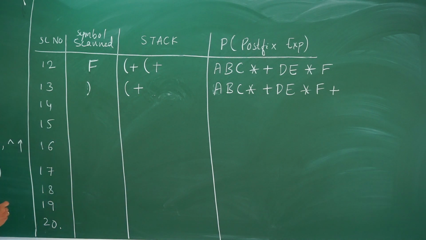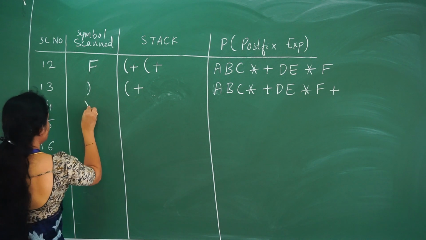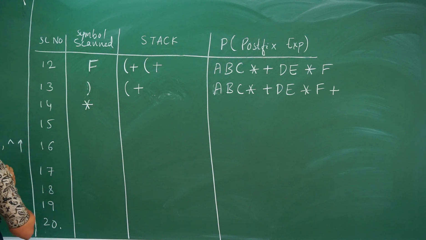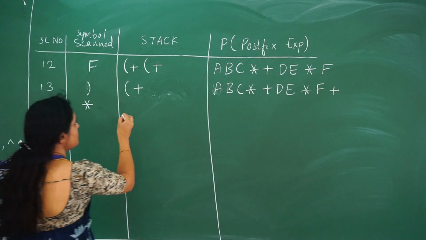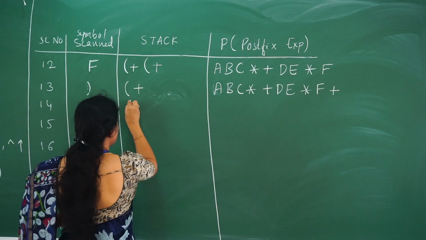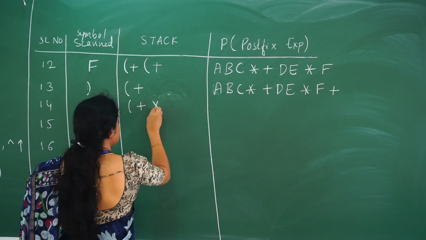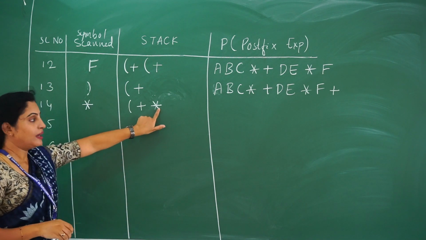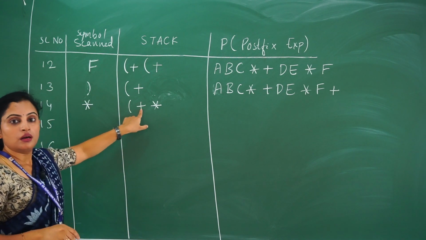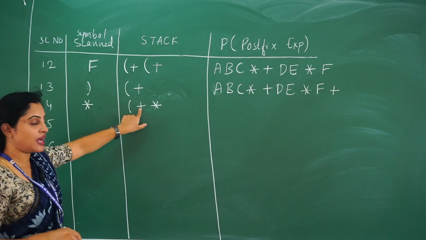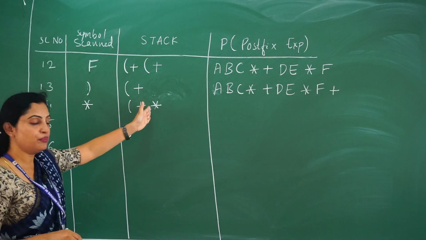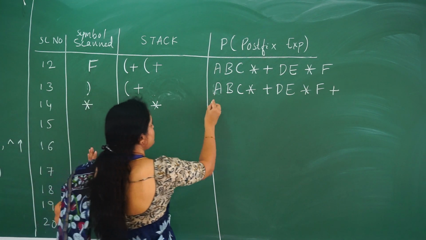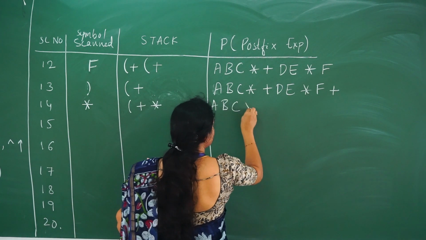So the next scanned symbol is asterisk. Since asterisk is an operator, we have to place it inside the stack. We can place it directly because plus has less precedence than asterisk, so we can push it inside the stack. The postfix expression remains the same.